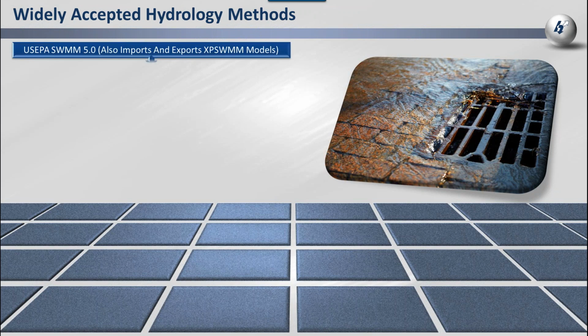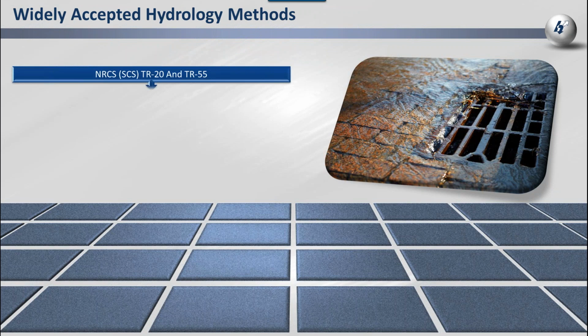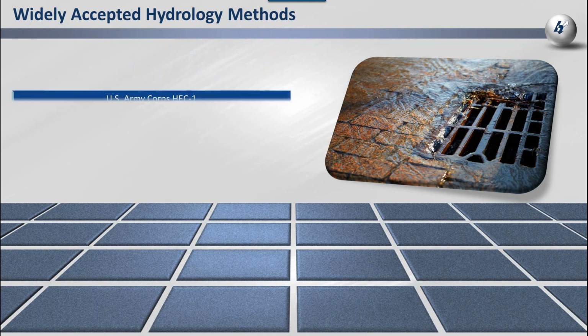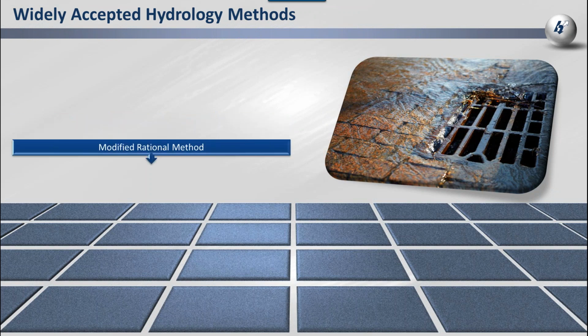Now, some of these hydrology methods, in order to perform the processes that I just relayed to you, include the SWMM 5.0, TR20 and TR55, the U.S. Army Corps of Engineers HEC-1, the rational method, the modified rational method.